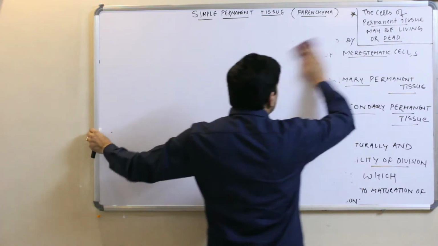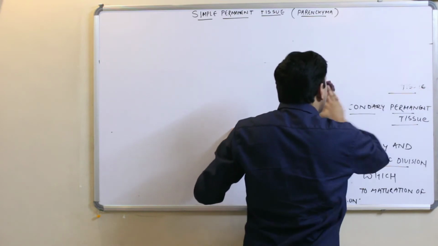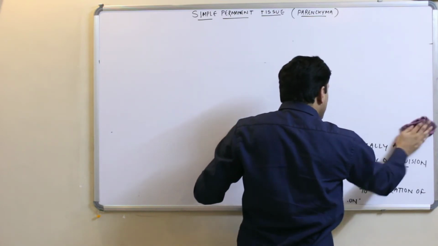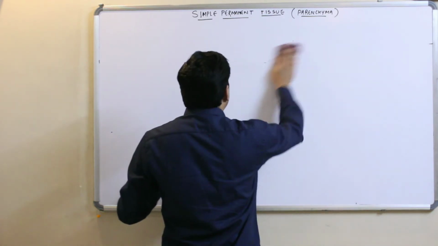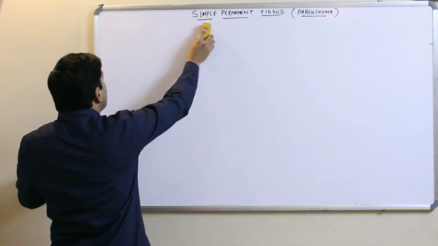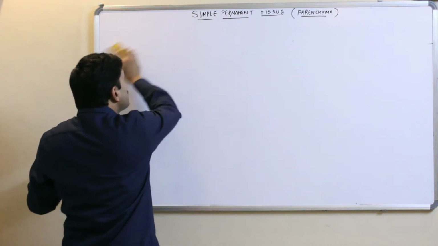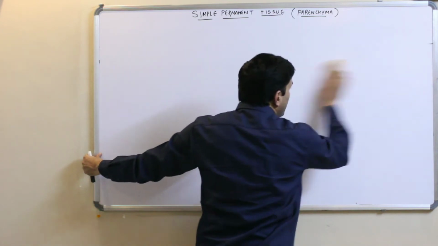One thing to be noticed here is that people think that permanent tissue has matured and lost the power of division. But this is not always true. It's not necessary that the permanent tissue cannot divide. The permanent tissue can also divide.